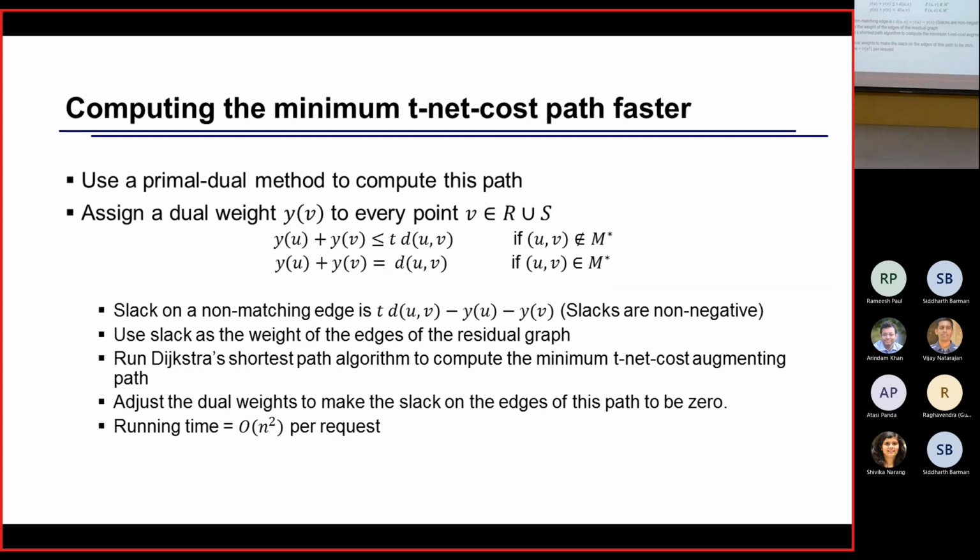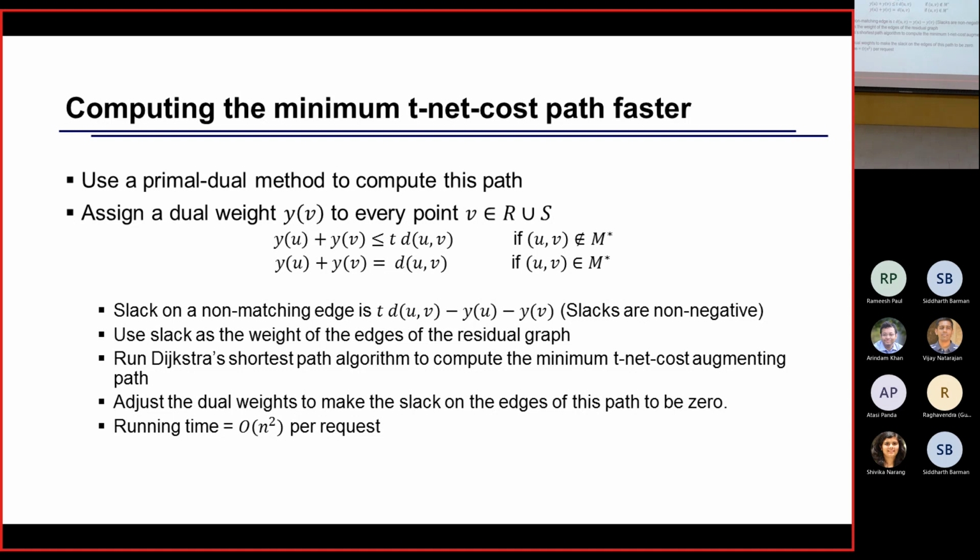There's a smarter way to compute it, which is to use the primal-dual method. I just want to give you the intuition of what we do. I don't want to get into the details because it's hard for me to cover all of them. But basically, and this is what we did in my paper, we use a primal-dual method to compute the minimum T-net cost path. We set a dual weight for every request and server, and the dual weights satisfy this feasibility condition.